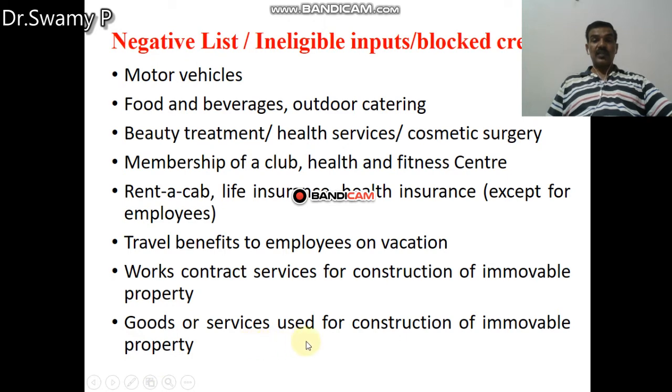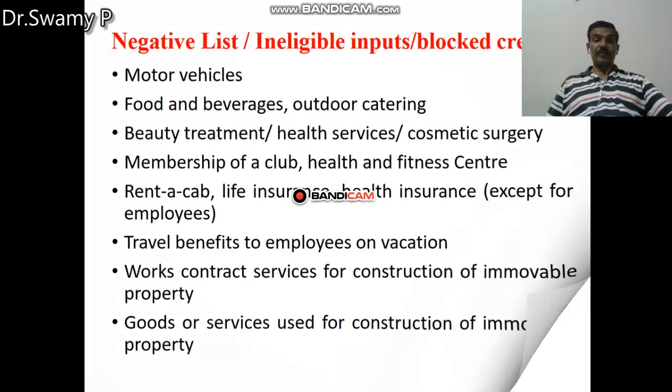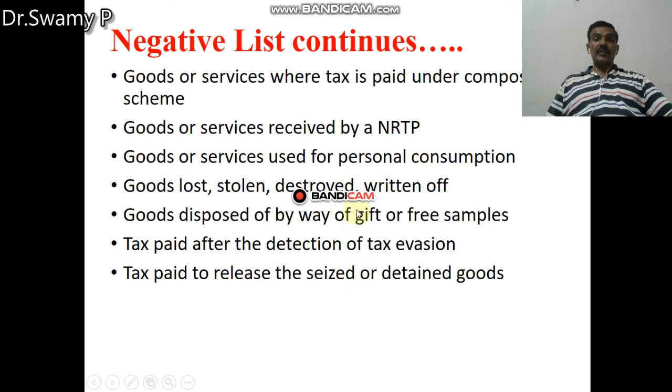Then the goods or services used for construction of immobile property, on which also input tax credit cannot be claimed. Then goods or services where tax is paid under the composition scheme are in the negative list.